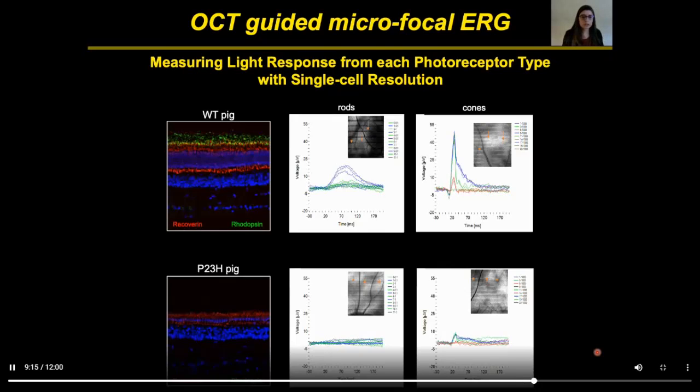So when these animals reach later stage of the disease, particularly in the visual streak, which is the equivalent of the human macula, what you see is a single row of photoreceptors that are remaining in the retina. These photoreceptors correspond to cones and a complete lack of rods.